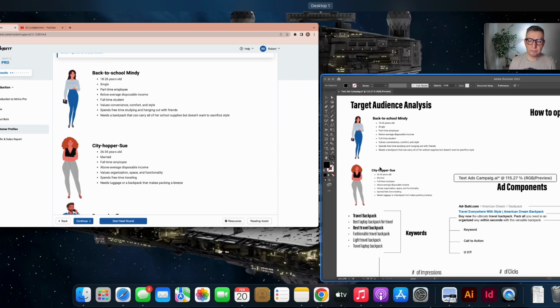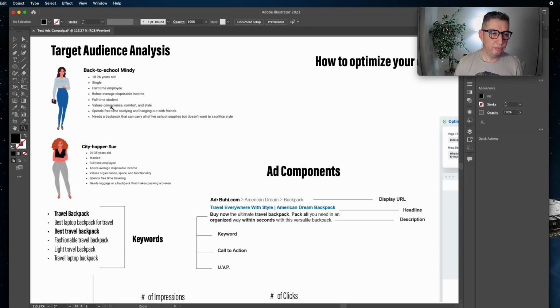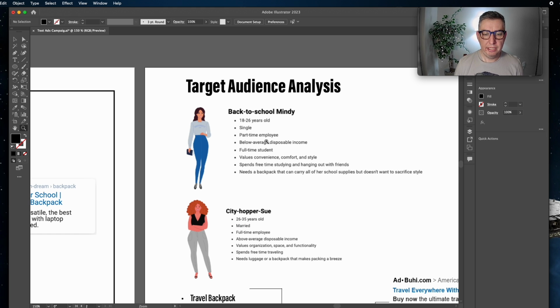Okay, so I took these 2, right, and you can see here that Mindy and Sue, they have different preferences. She's a student going back to school. She's looking for a backpack that serves that purpose.